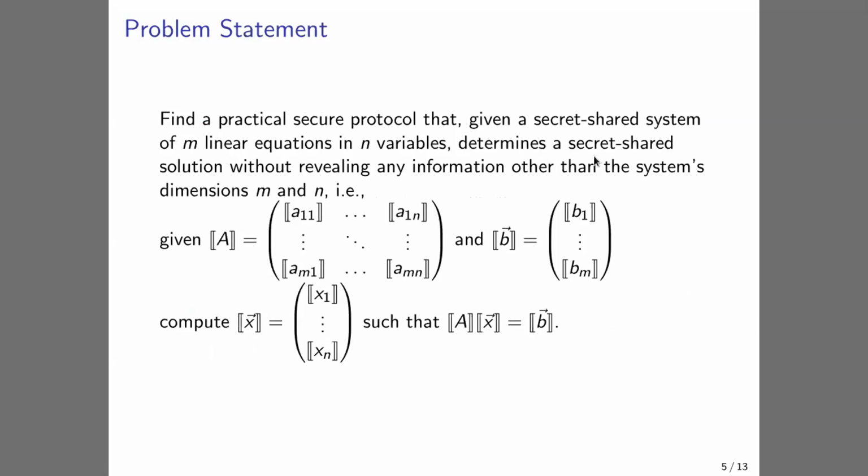And I've also repeated it here in symbolic form to really make clear that we're dealing with an input matrix and vector whose shape and dimensions are known to the parties, but it is the coefficients that are secret shared between them. And also that we want to create a protocol where both the input and the output are secret shared, so that a protocol for solving linear systems can itself then become a building block in bigger composite protocols.